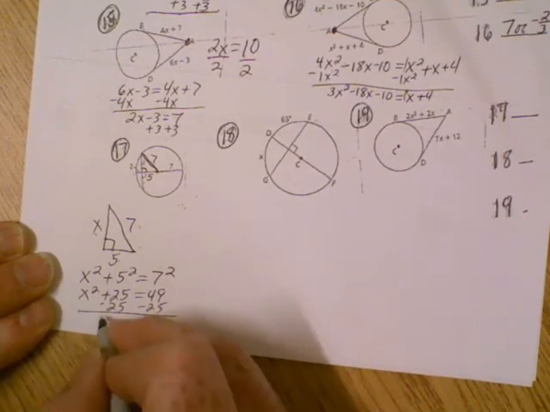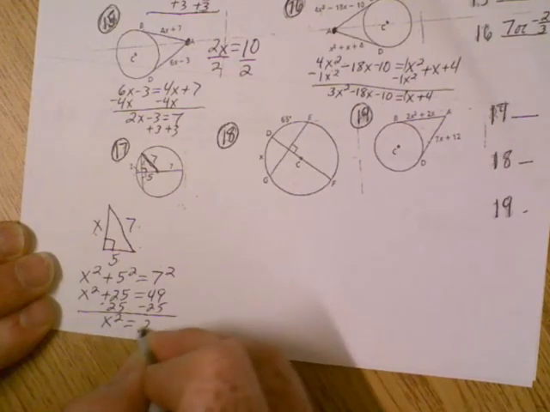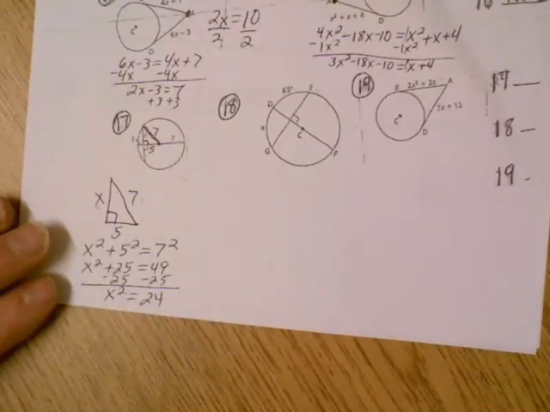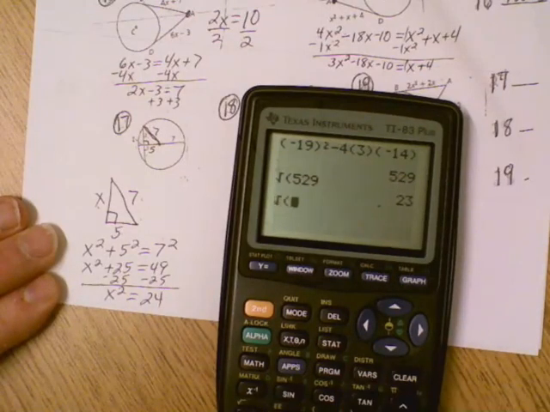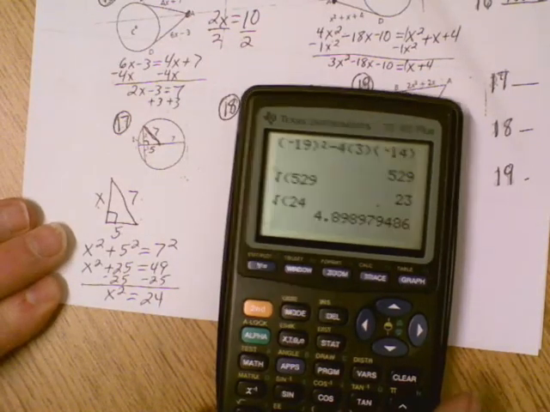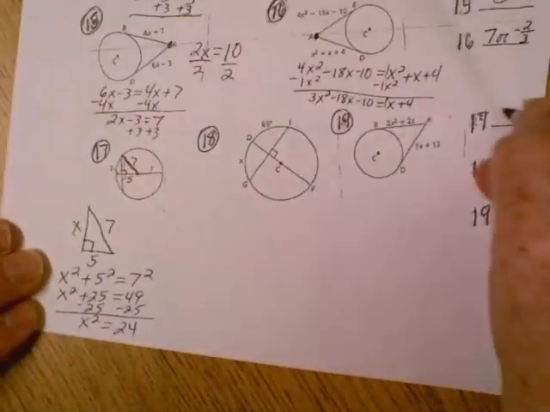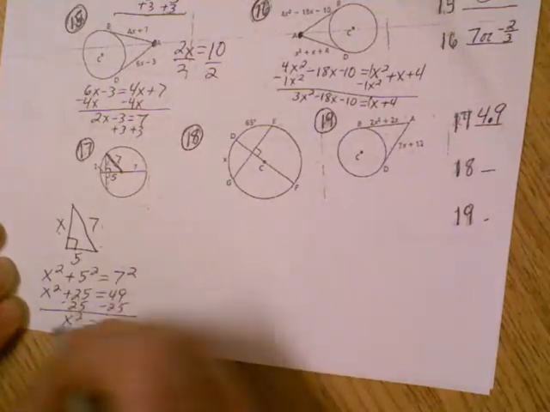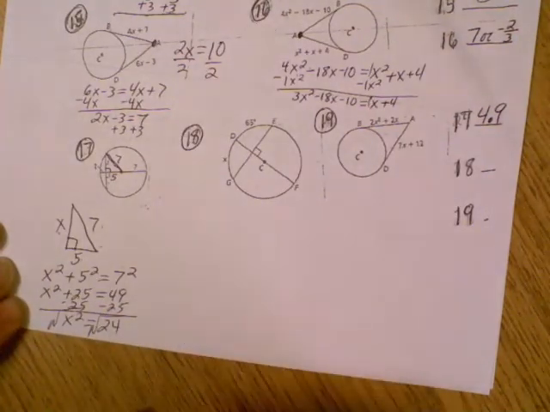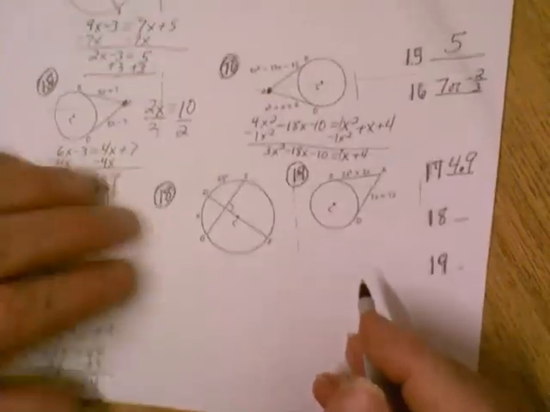You end up with x squared equals 24. And then all I'm going to do is take the square root of 24, and I get about 4.9. Again, if you wanted to leave that in radical form, you took the square root of both sides, you could leave it in radical form and get a different answer.